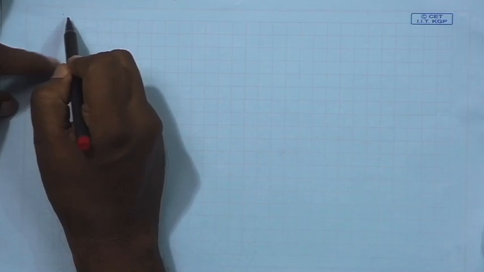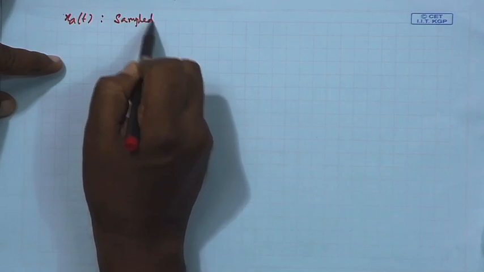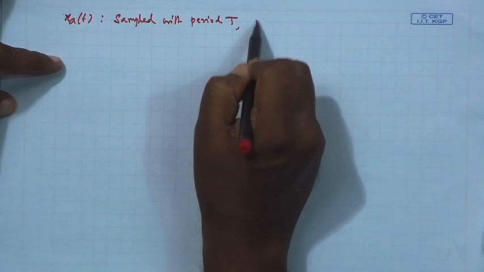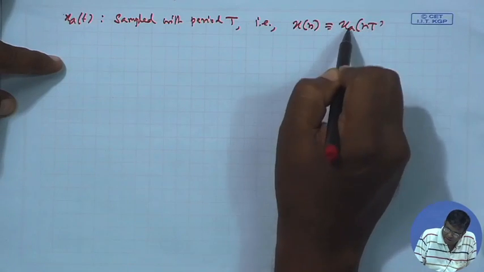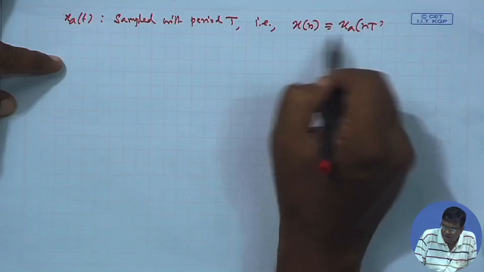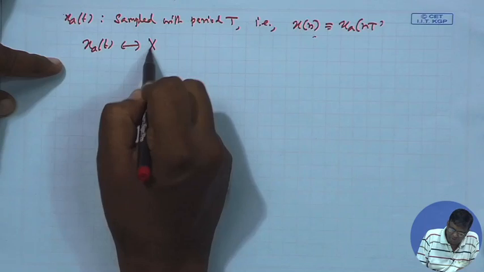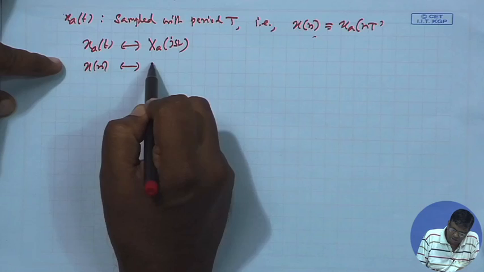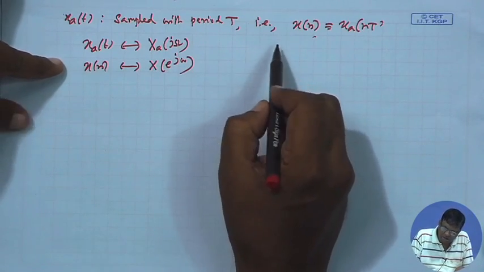The result which we derived was this, that if suppose x_a(t) is sampled with period T, that is nth sample is x_a(nT), n times T, and that I call x[n]. x_a(t) has got analog Fourier transform capital X_a(omega), capital omega. x[n] has got a discrete time Fourier transform capital X(e^{j omega}). Then we have established that they are related like this.